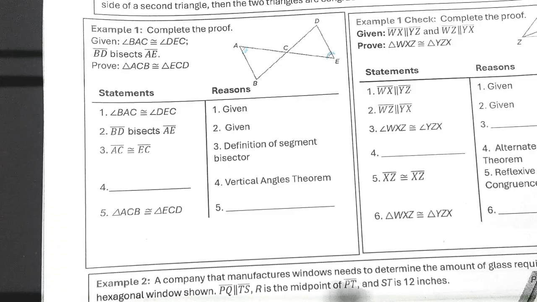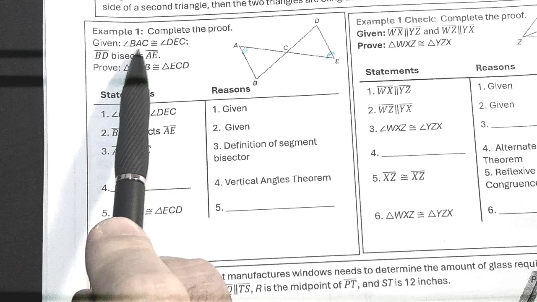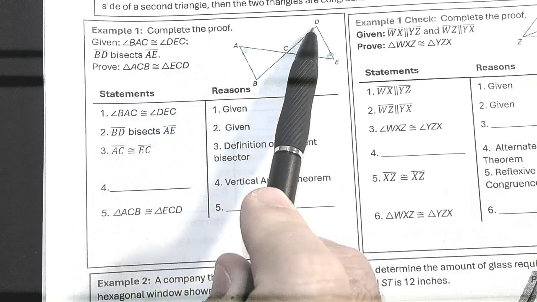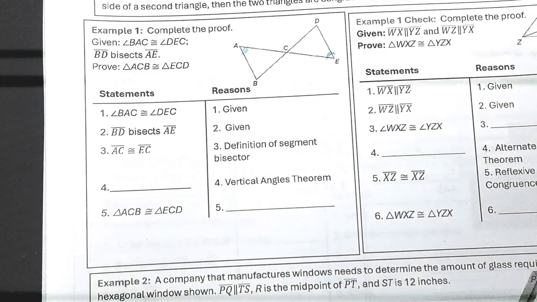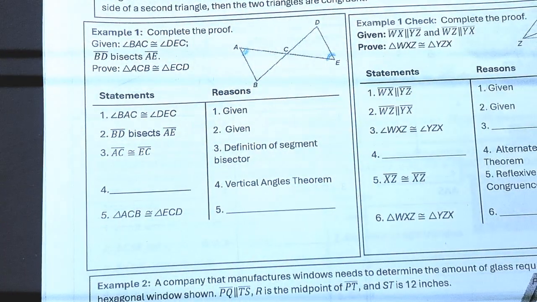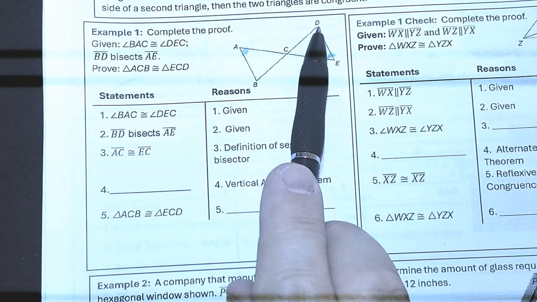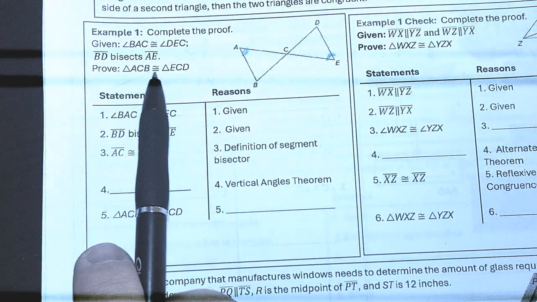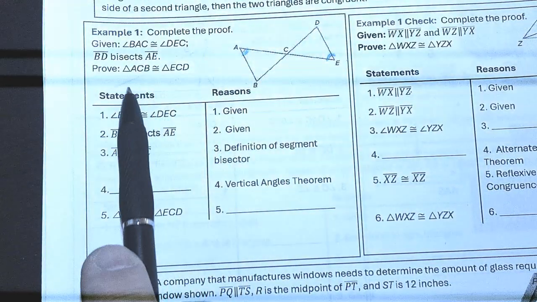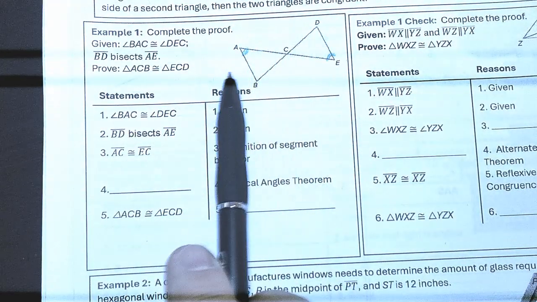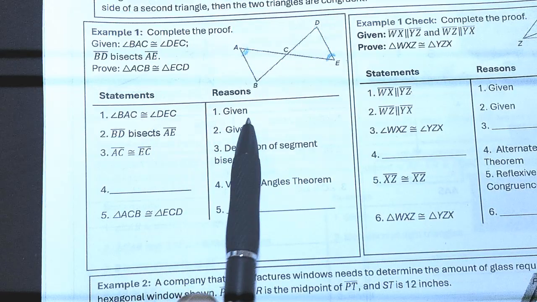Okay, so example 1, complete the proof. We're given that angle BAC is congruent to angle DEC, and it's because A and E are corresponding. The C is in the middle here, and B and D. So the first two statements, BAC and DEC are congruent.